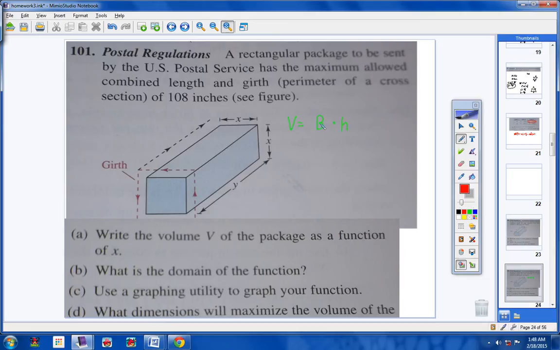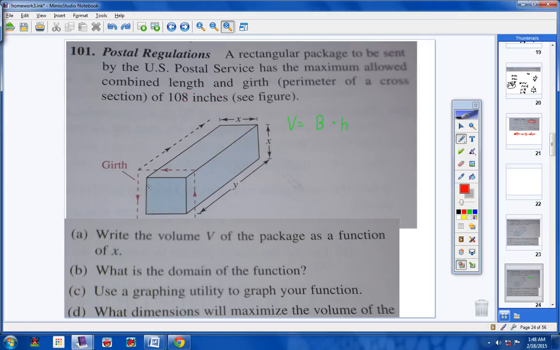Don't forget that. So the volume of this package is area of the base times the height. Let's go over that again. Pretend this thing was lifted up and put on its bottom so it was standing tall. This is your base.